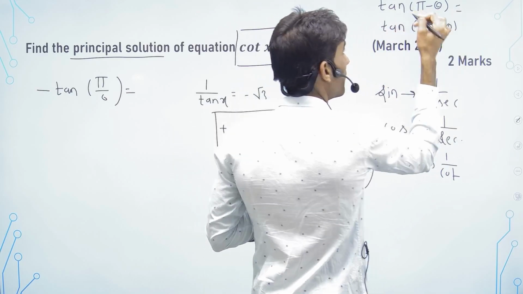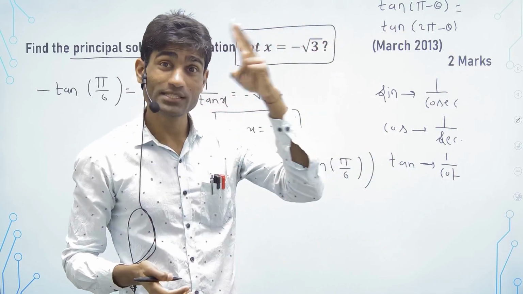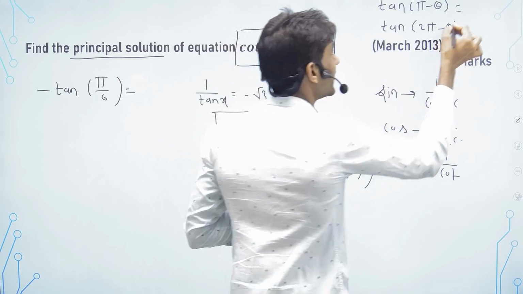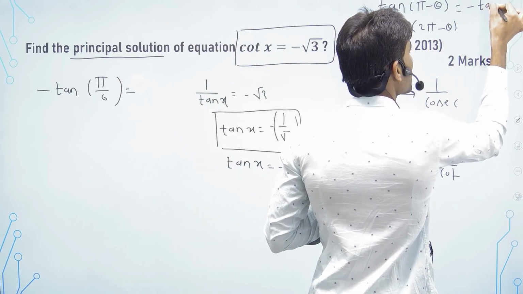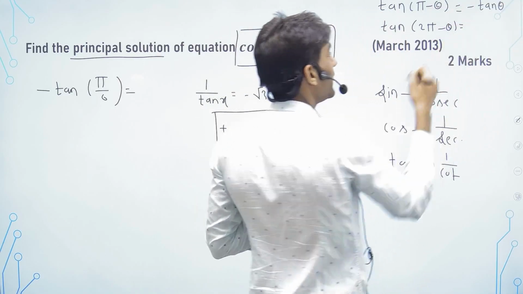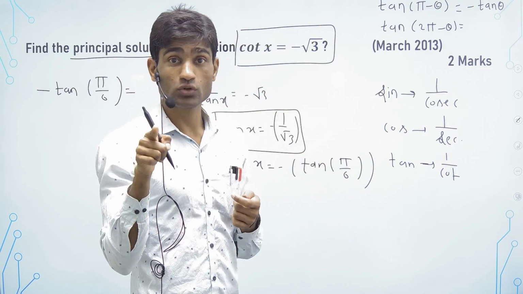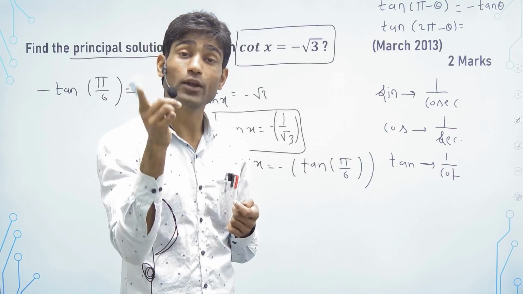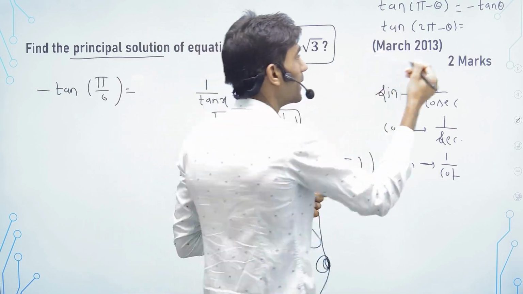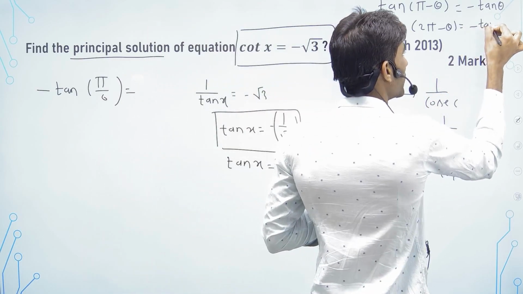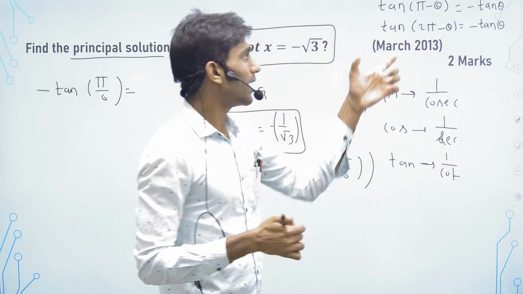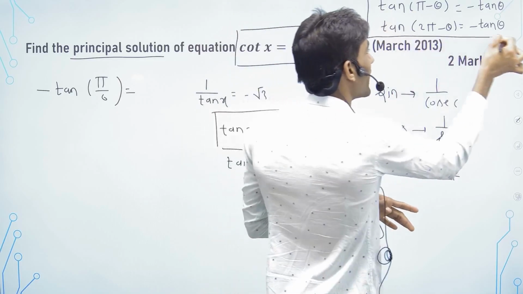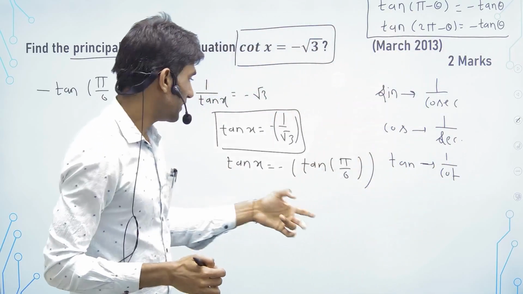Tan of pi minus theta means the second quadrant, and in the second quadrant tan is negative, so we'll get negative of tan theta. And tan of 2 pi minus theta goes to the fourth quadrant, where only sec and cos are positive, so tan is negative of tan theta. I hope you have all understood these two allied angles that we are going to use in our result.